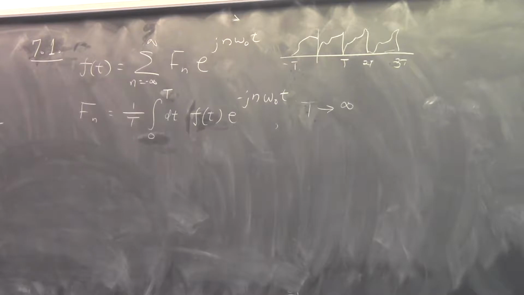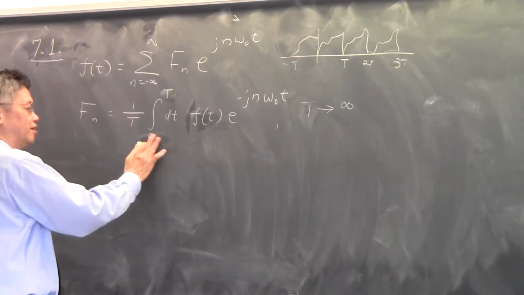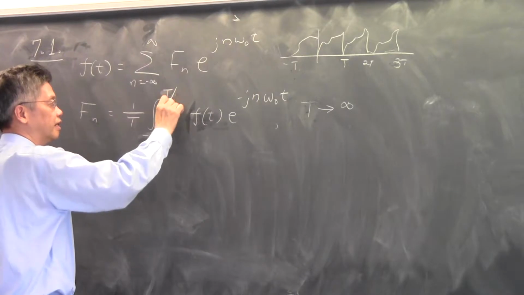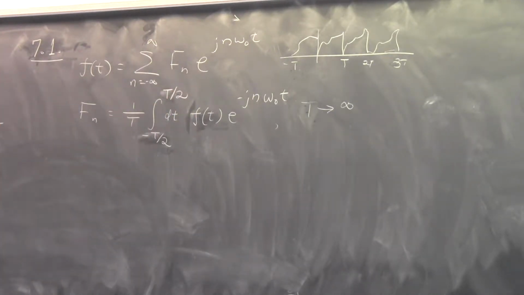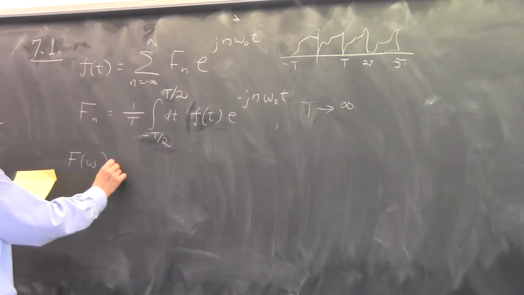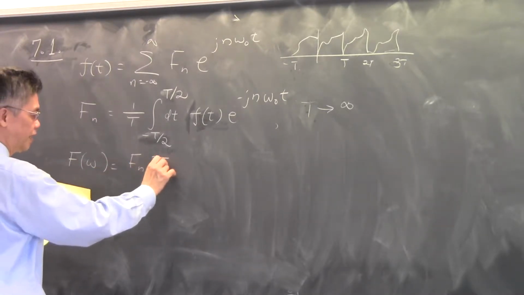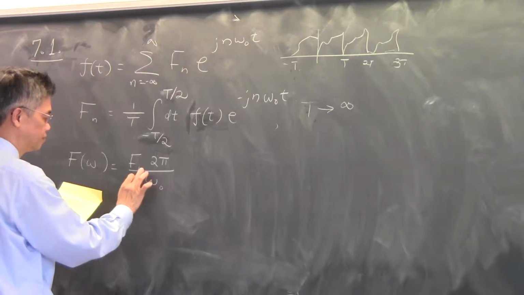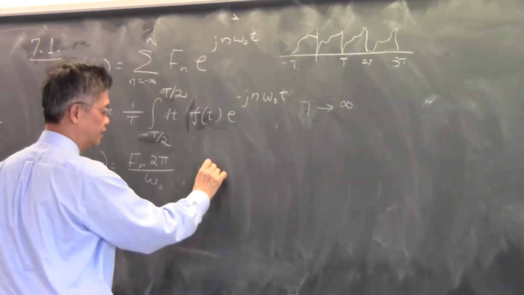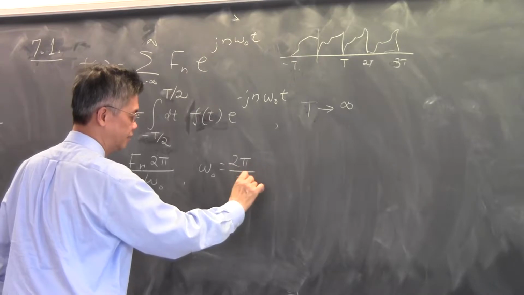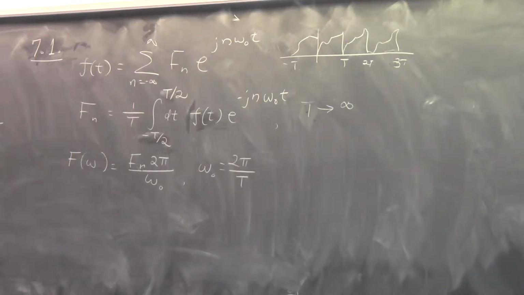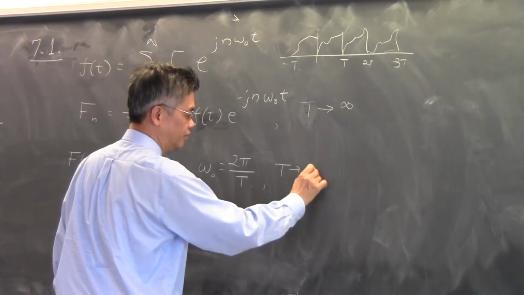So you let the period go to infinity. And since this is integration over a period, it doesn't matter. I can also write this integration in this manner, and it would still be true. And if you do a change of variables, letting F of omega be equal to f sub n times 2 pi divided by omega naught, okay, where omega naught is 2 pi over capital T, the fundamental frequency of this Fourier series expansion, then you can rewrite things, and then you let T go to infinity.